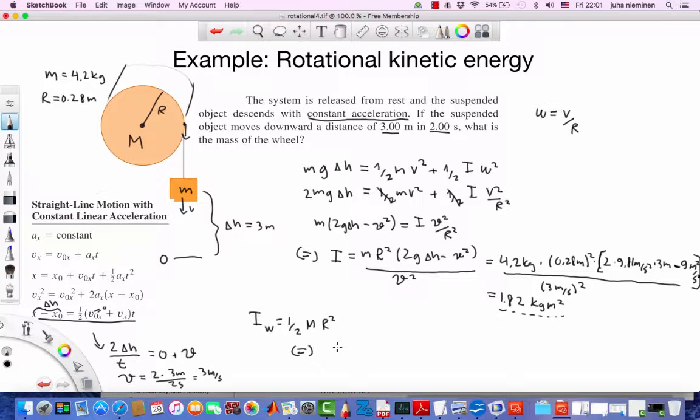And we solve for the mass, so we get 2 times I of the wheel divided by r squared, and that's m.